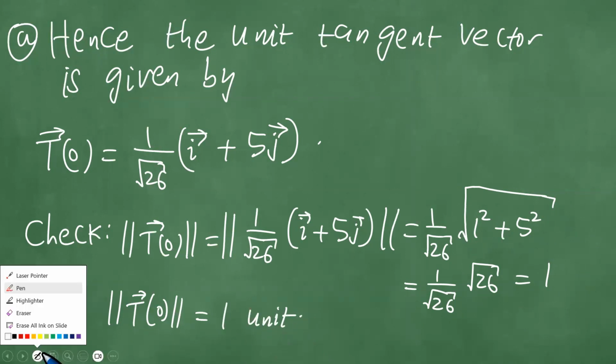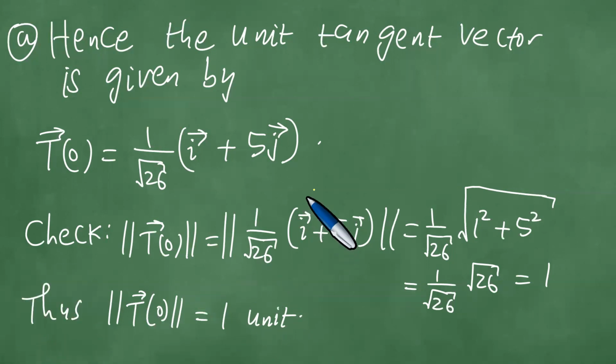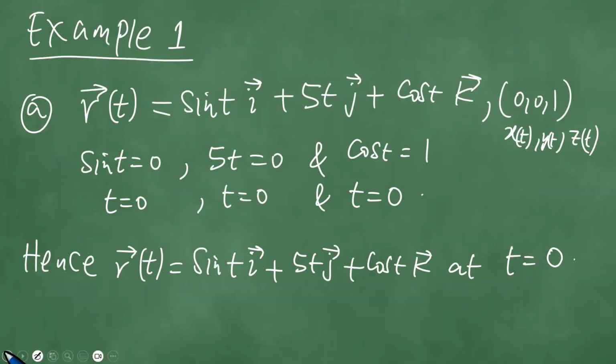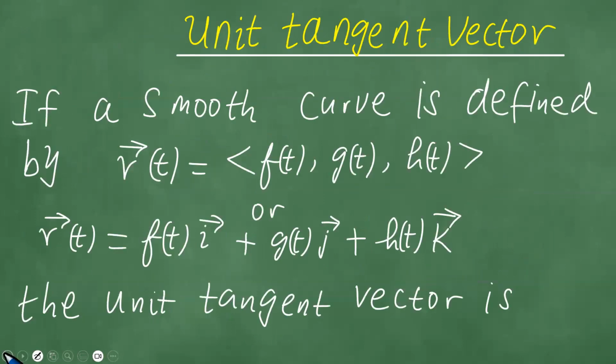What does that confirm? Well, it confirms that this indeed is a unit vector, not only obviously a unit vector, but it is a unit tangent vector. Okay, right, so that was the part A, and now we're going to look at the part B.